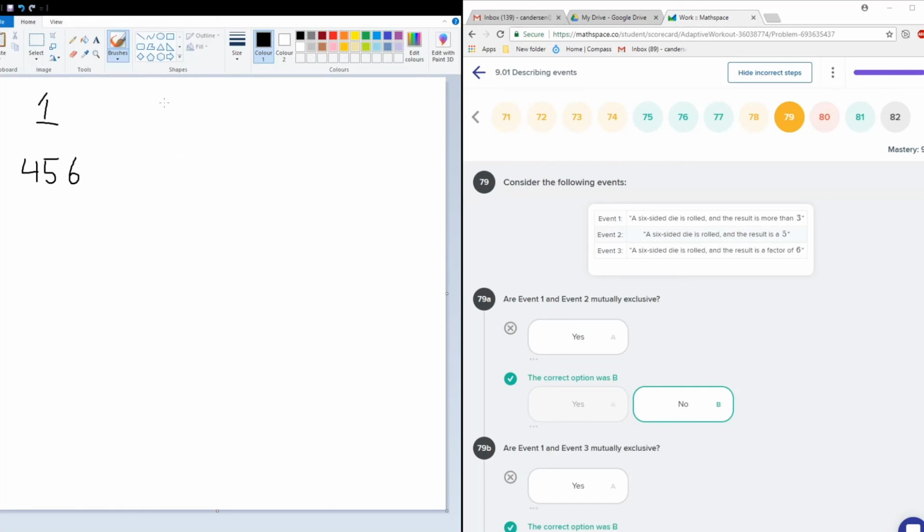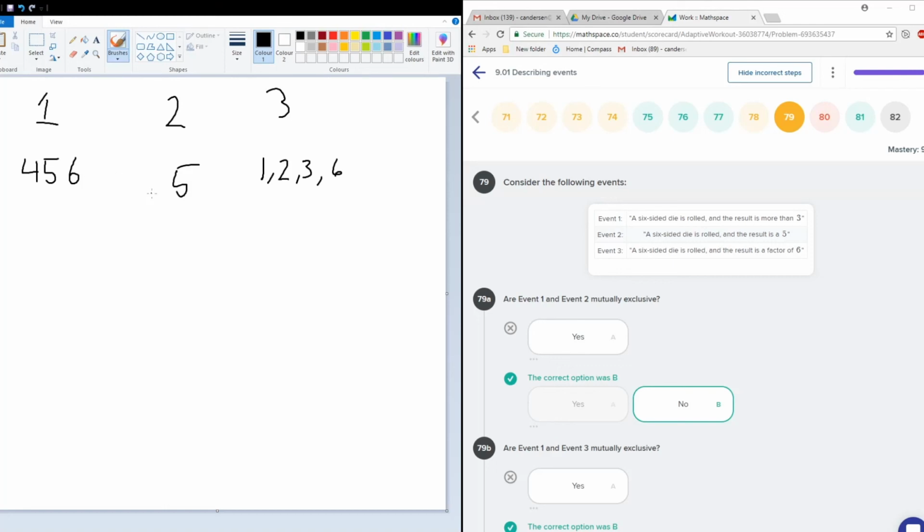The result is a 5, and the result is a factor of 6. So we want 1, 2, 3, and 6.